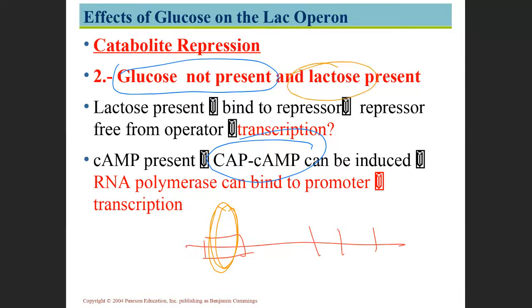Lactose is present to remove the repressor. So now the little repressor right here is being blocked by lactose. And so there's nothing to prevent RNA polymerase from transcribing. So this is the only scenario that gives us transcription of the lac operon.